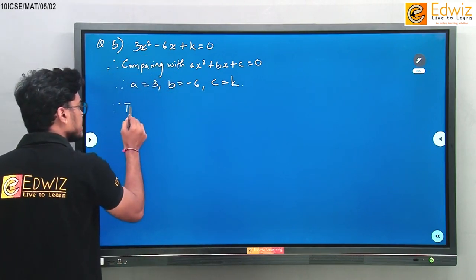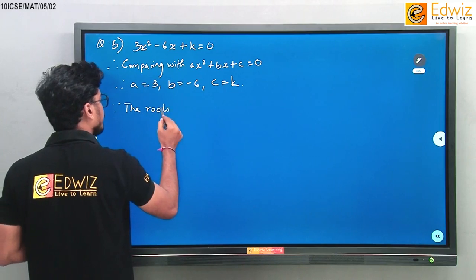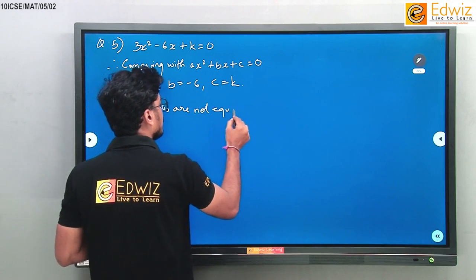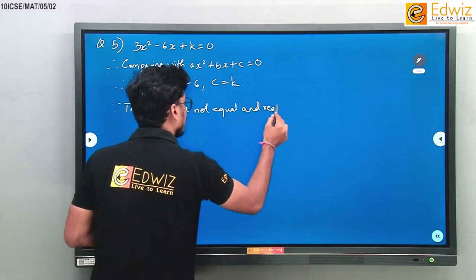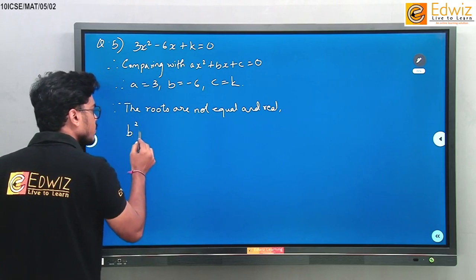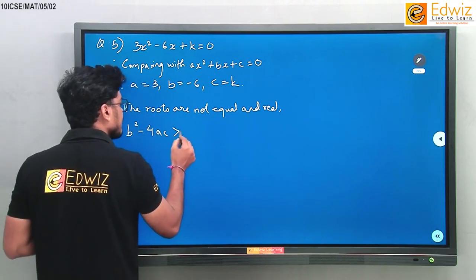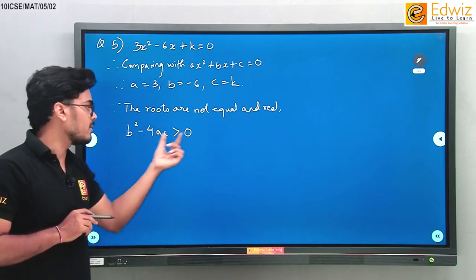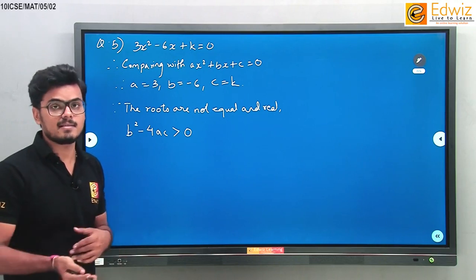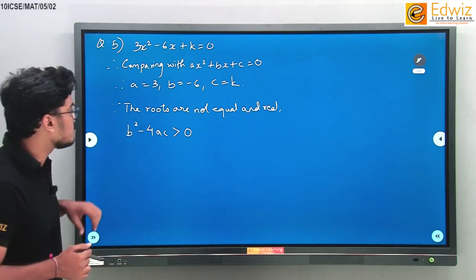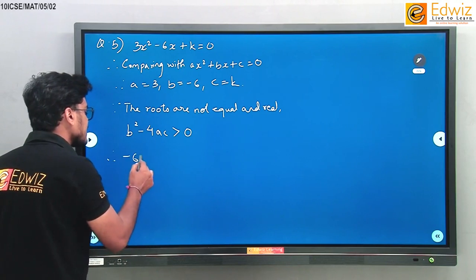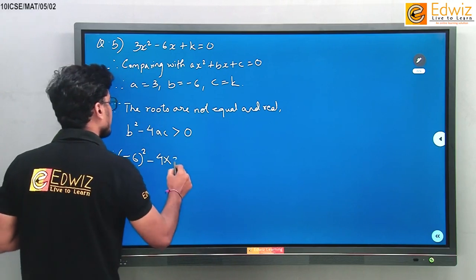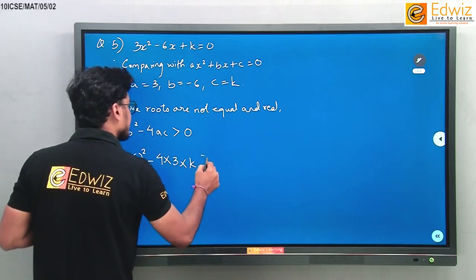So since the roots are distinct, or you can say not equal, and real, the condition is b square minus 4ac greater than 0. So if we substitute the values of a, b and c here, minus 6 square minus 4 multiplied by 3 multiplied by k is greater than 0.